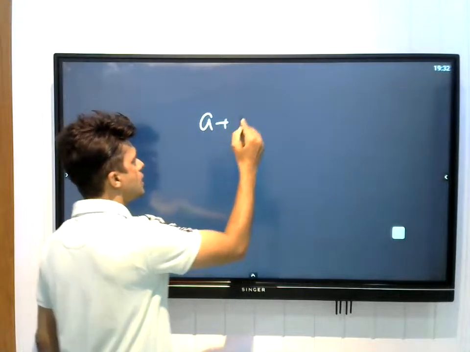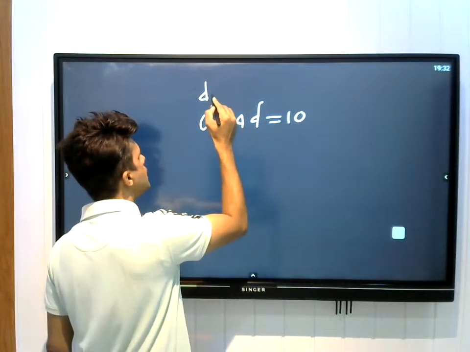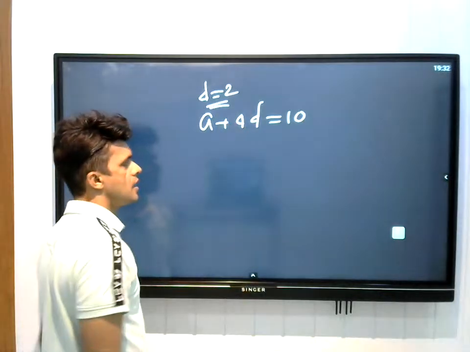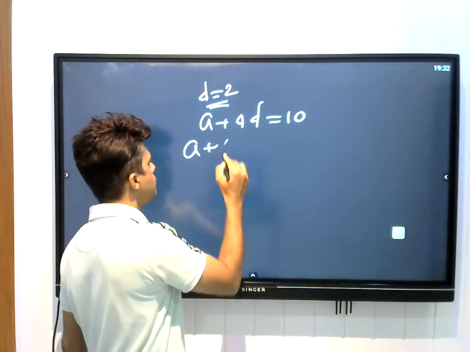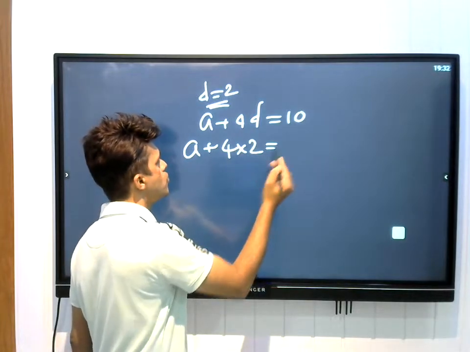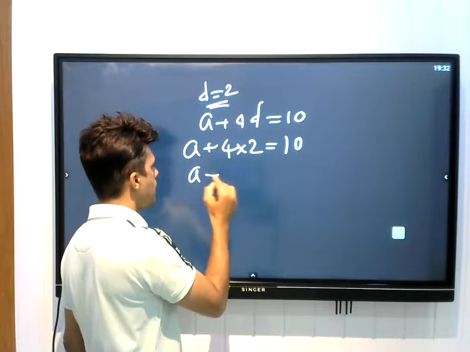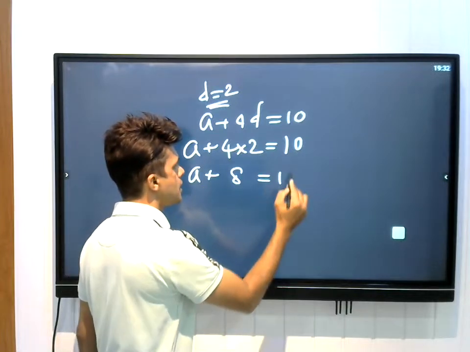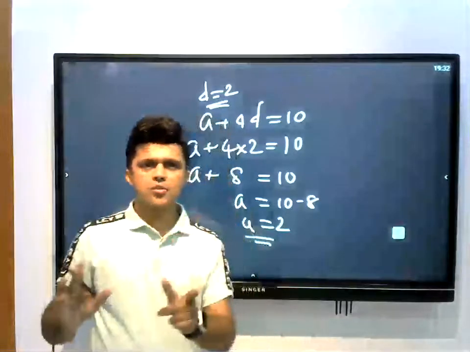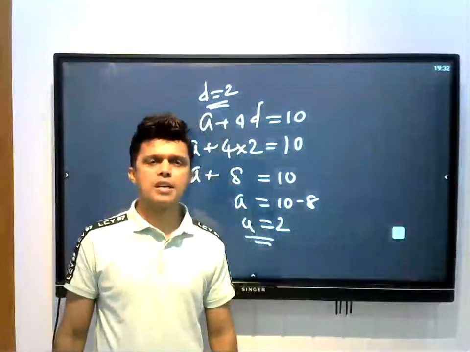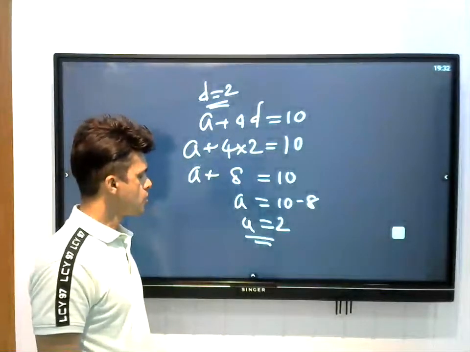A plus 4 times 2 is A plus 8 equals 10, so A equals 10 minus 8, which is 2. So A equals 2, D equals 2.